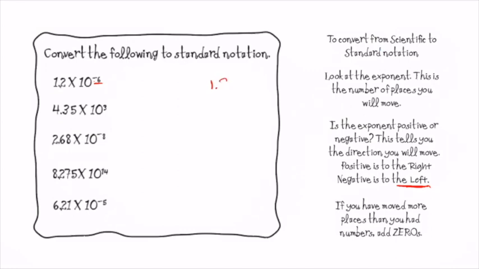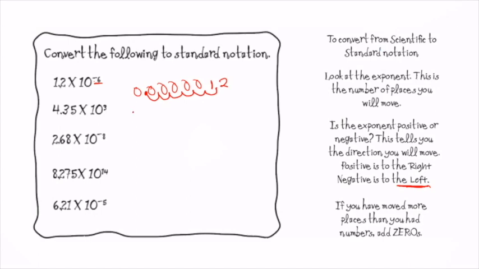So we started out with 1.2. We're moving 6 places left. 1, 2, 3, 4, 5, 6. Now, any places that we don't have, we're going to fill in with zeros. So that would be our number in standard notation.